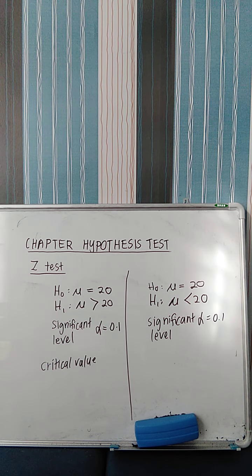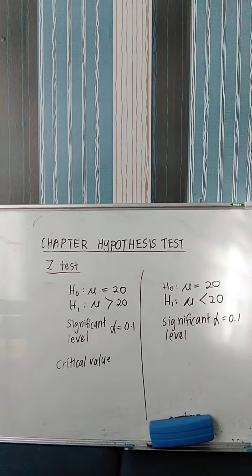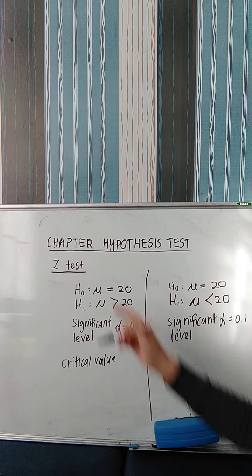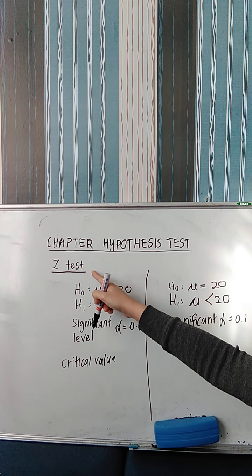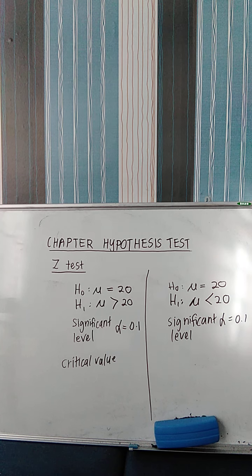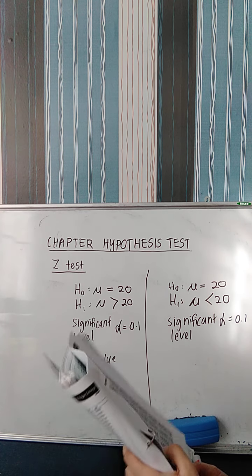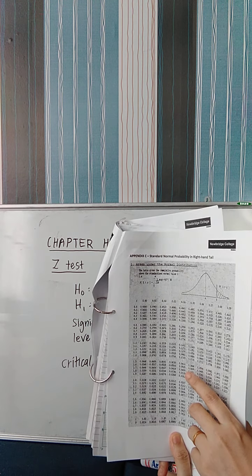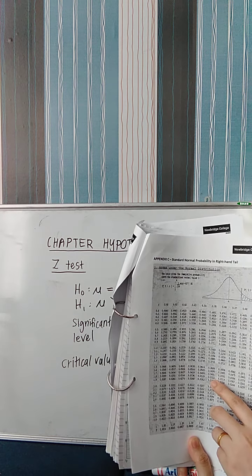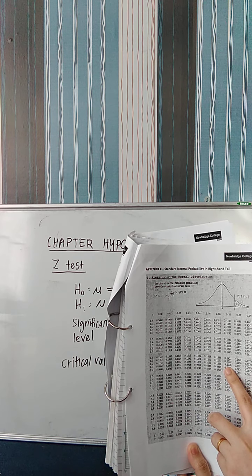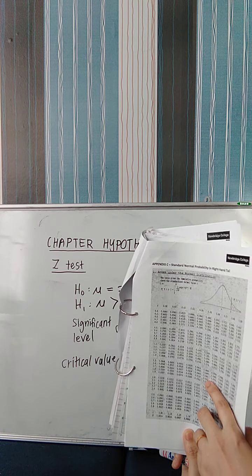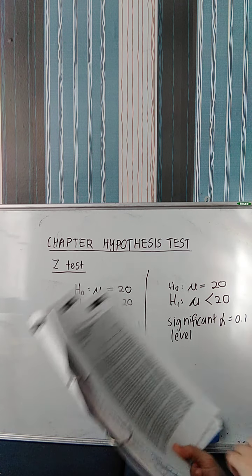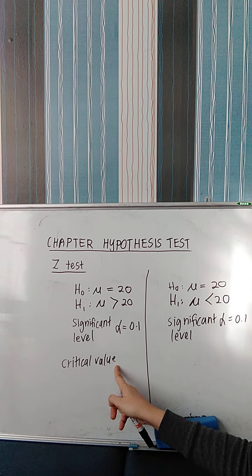Critical value is the value that you read from the table. What table? Because this is the Z test, you must refer to table Z. Table Z is the table of normal distribution. I gave it to you in the chapter on normal distribution. You must use the same table.